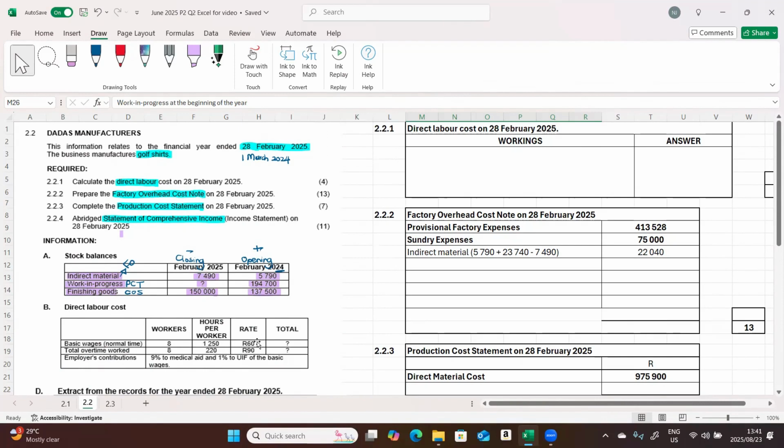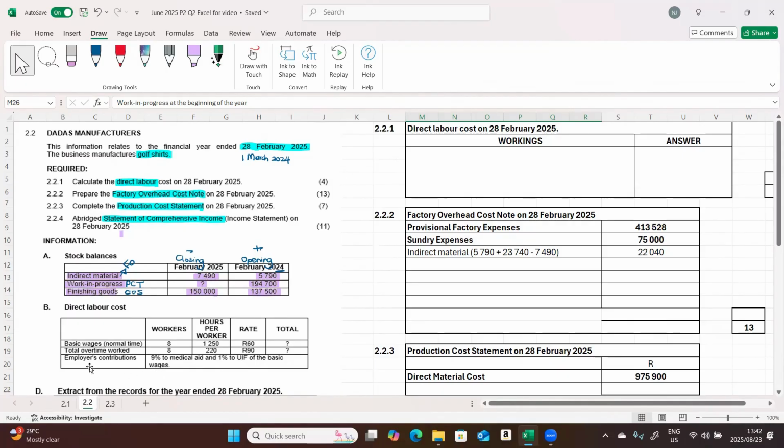What do we pay them for these normal hours? 60 Rand. Then these 8 workers also worked overtime. How many hours per worker did they work overtime? 220 hours. What do we pay them for overtime hours? We pay them 90 Rand for overtime hours.